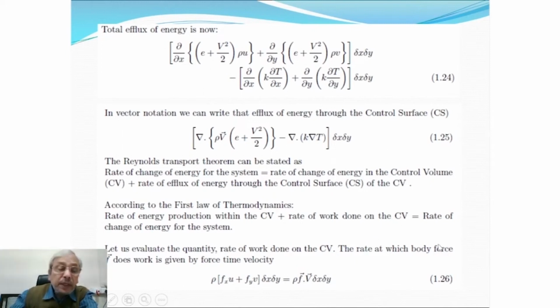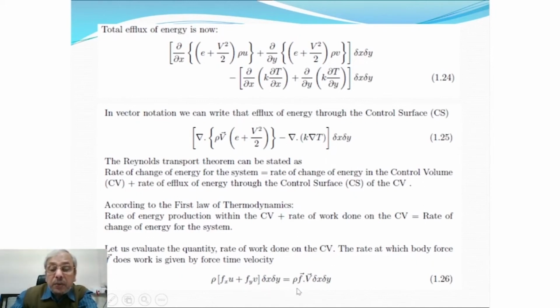Now, the rate at which body force F does work is given by force times velocity. If the body force is given by I Fx plus J Fy, then the work done by the body force is rho (Fx into U plus Fy into V) into dx dy.